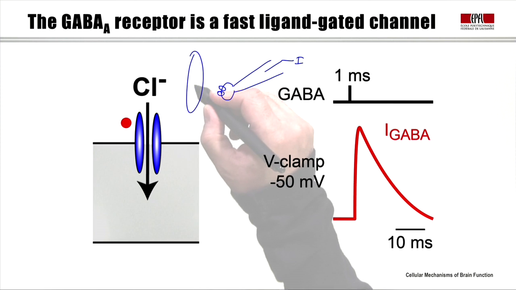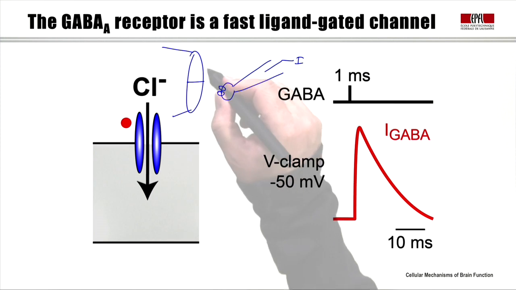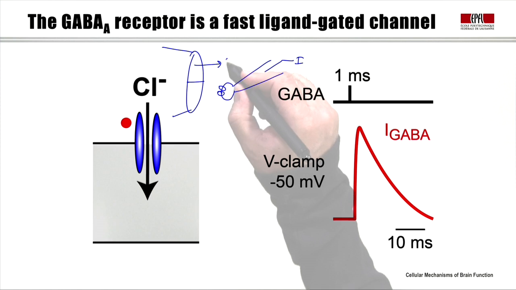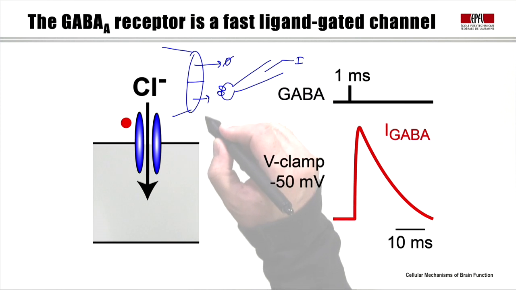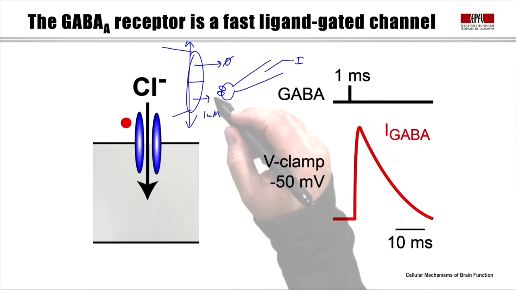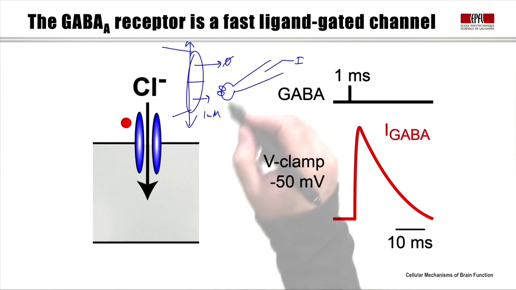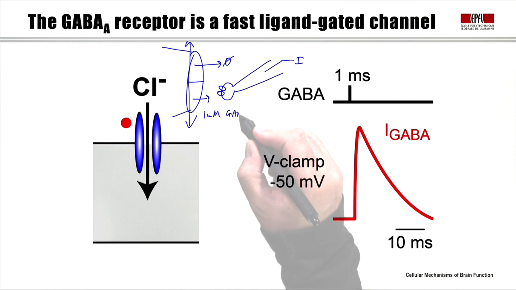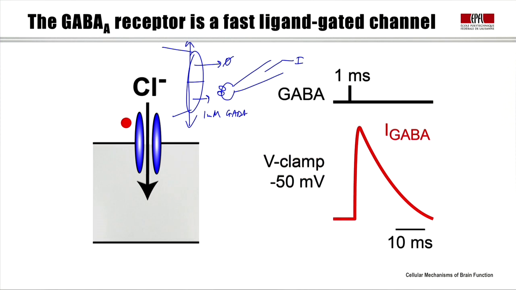We can have our laminar flow electrode, which has either no GABA or contains maybe 1 millimolar GABA. We mount this onto a piezo device, and we can then give brief 1 millisecond pulses of GABA to our patch of membrane containing GABA-A receptors.